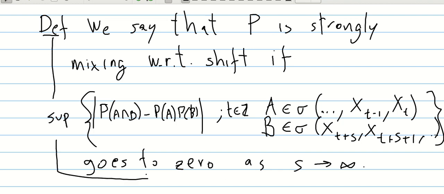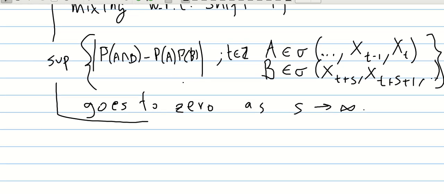So again, we are dealing with something that's uniform over t, uniform over all events A and B that rely on the projections further than s from each other. So A depends on this, and B depends on this, and there is a distance s between them. And this is going to be roughly independent as s goes to infinity. So this is the notion of strong mixing.